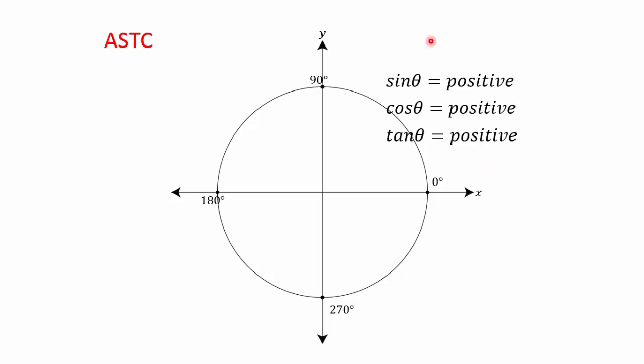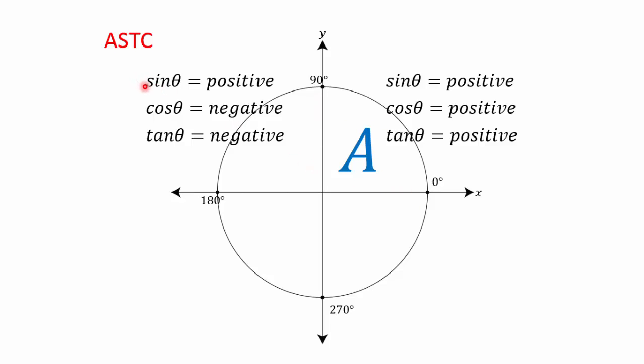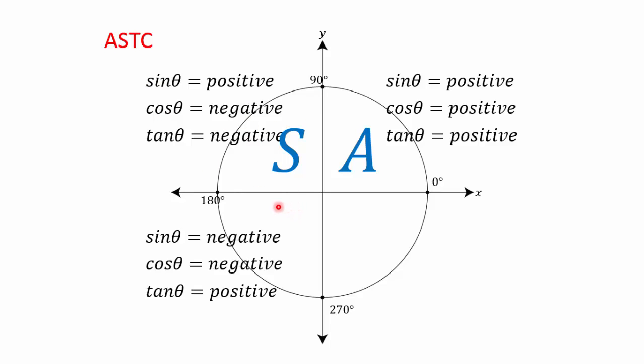In summary, in the first quadrant, sine, cosine, and tangent were all positive. In the second quadrant, sine was positive, the other two were negative, so only sine was positive. In the third quadrant, tan was positive, the other two were negative, so only tan was positive.